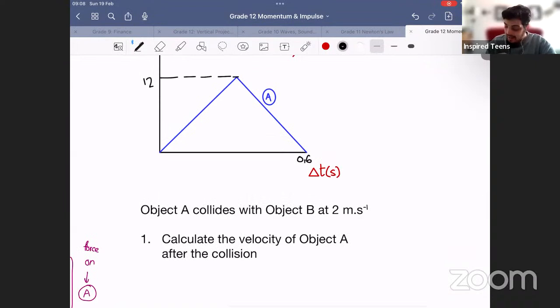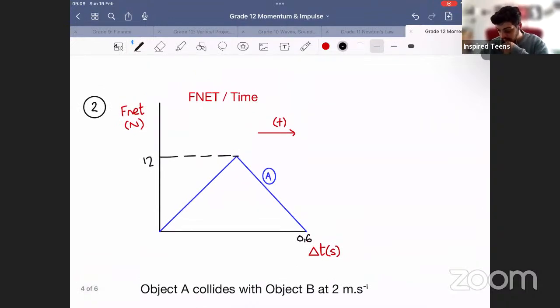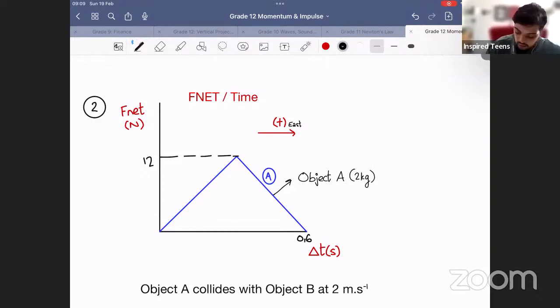Calculate the velocity of object A after the collision. Two things to note. The first thing is that we are taking right as positive, right is east. Another thing to note is that this graph is for object A, which has a mass of 2 kilograms, and it is traveling west.